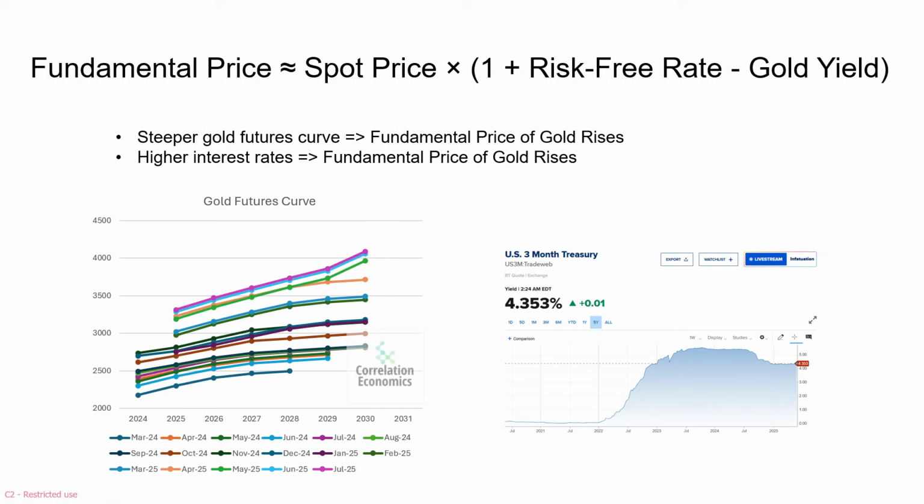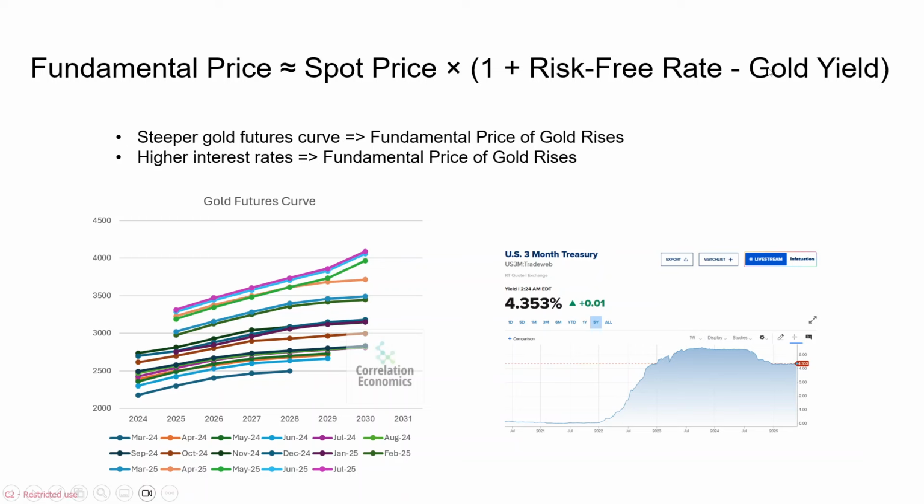Now, some sensitivity analysis on this formula. If you have a steeper gold curve, if this curve, for example, here, it was not that steep, it was flat last year. But as time progressed, it starts to get steeper and steeper. You can see this on this curve. If you have a steeper gold curve, that means that the co-basis will go more negative.